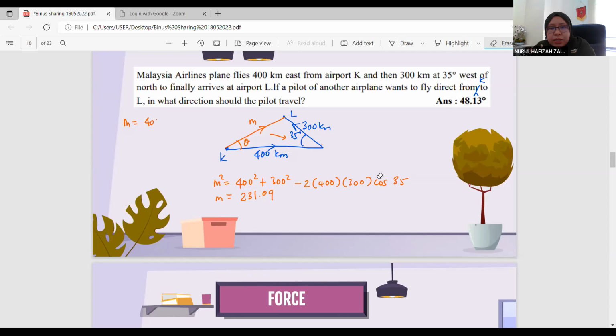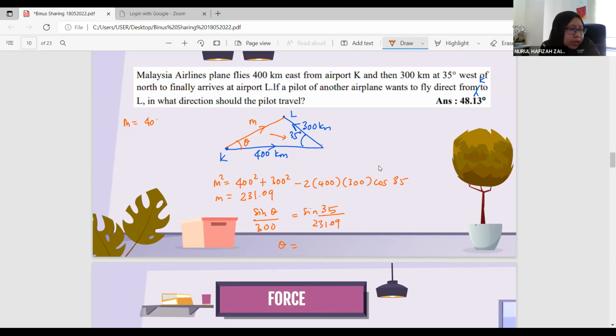And then you want to find the angle. What is the direction? Here we say angle, but in the question it is direction. So direction is theta. We can use the sine rule. The sine rule says that if we want to find sine theta, the opposite is 300, and then we have 35, the opposite is 231.09.